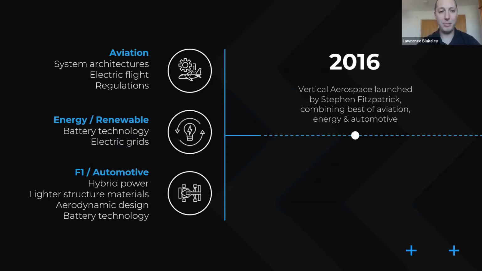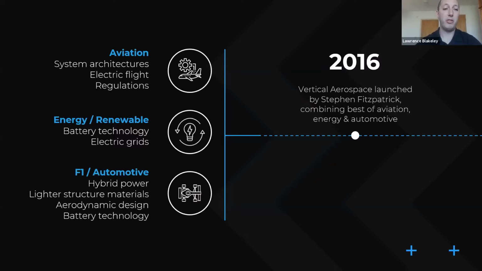But combining that with his current area of expertise with OVO around renewables, battery technology, the ground infrastructure area of our development is very well covered by his ability to provide electricity, but also coupling that with the fast-paced agility of Formula One and also automotive.